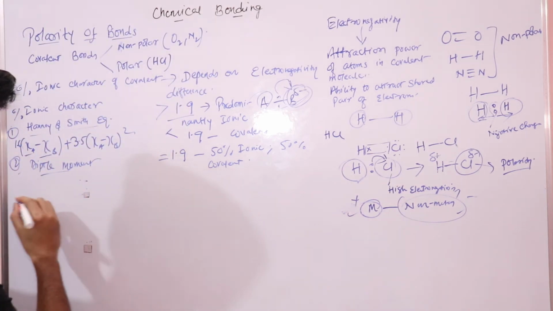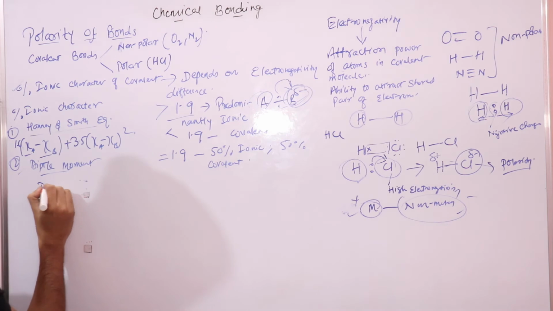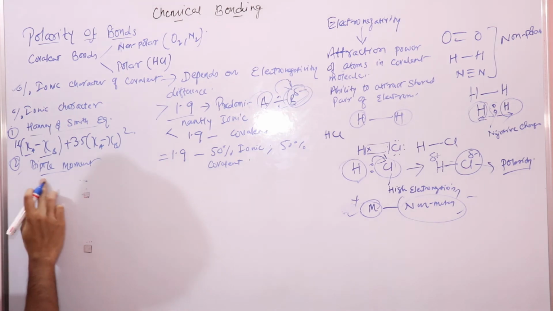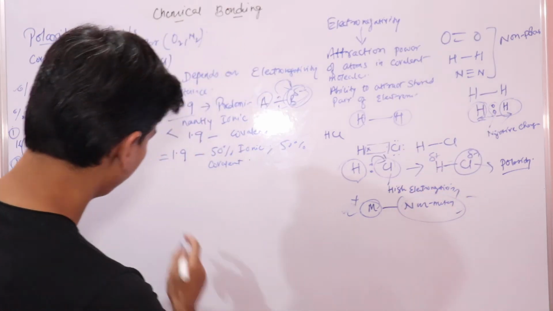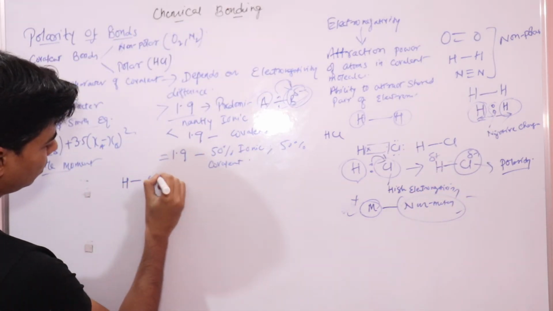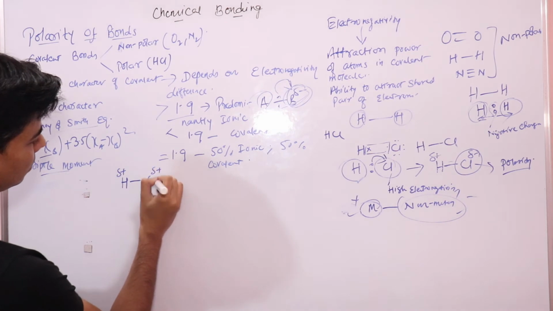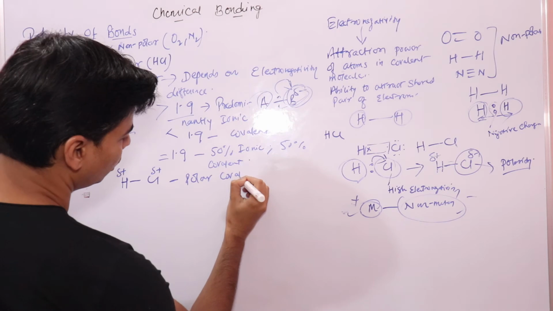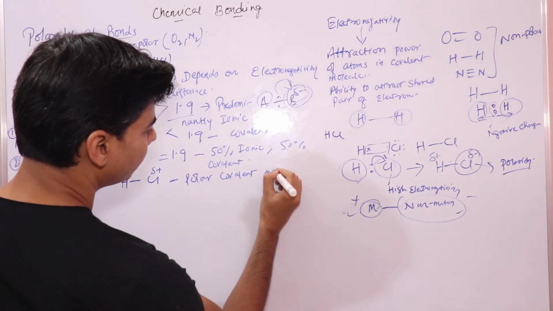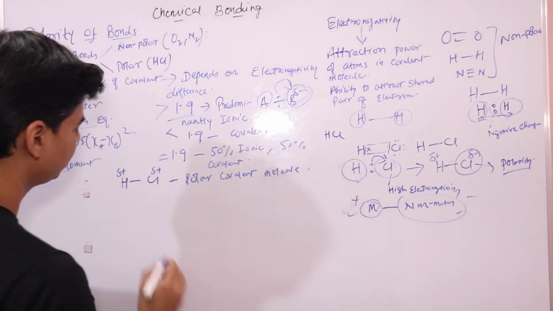Now let's look into what is the dipole moment. Since polarity gets developed on a molecule, let's say HCl, this is a polar covalent molecule, right?